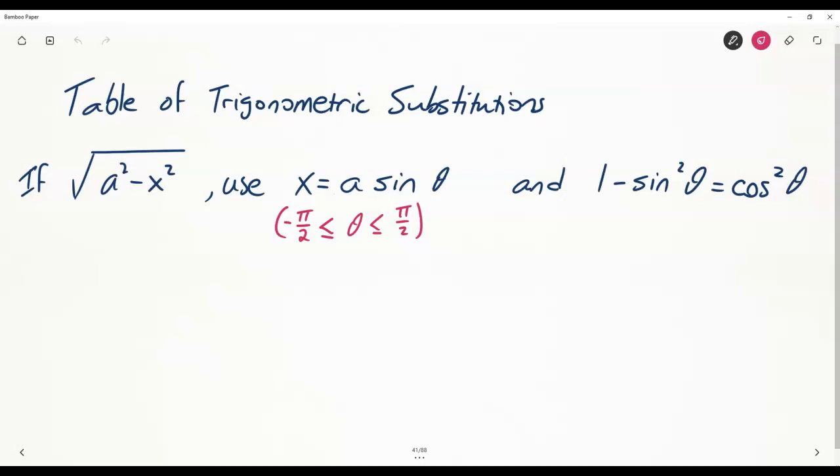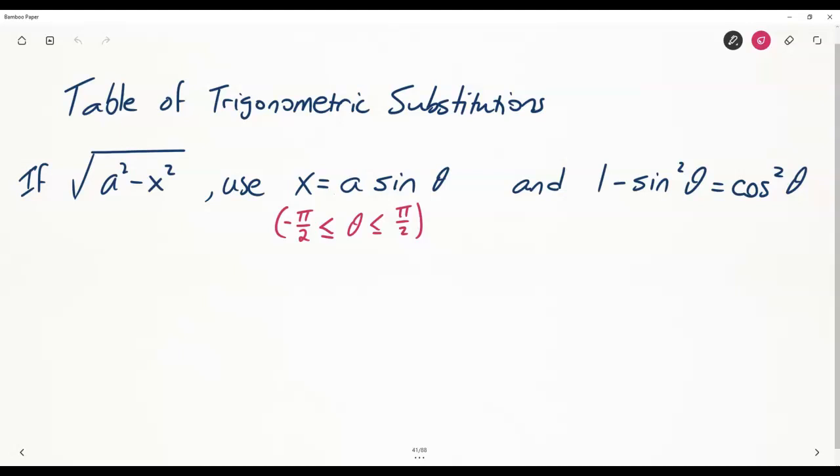If we can get rid of it, we can end up with something that we've worked before, a trigonometric integral, maybe from section 7.2, maybe we end up with something that needs integration by parts. We don't know until we get our hands dirty and work the problem. But if it is a constant minus an expression involving x squared, that is where you use a sine of theta.